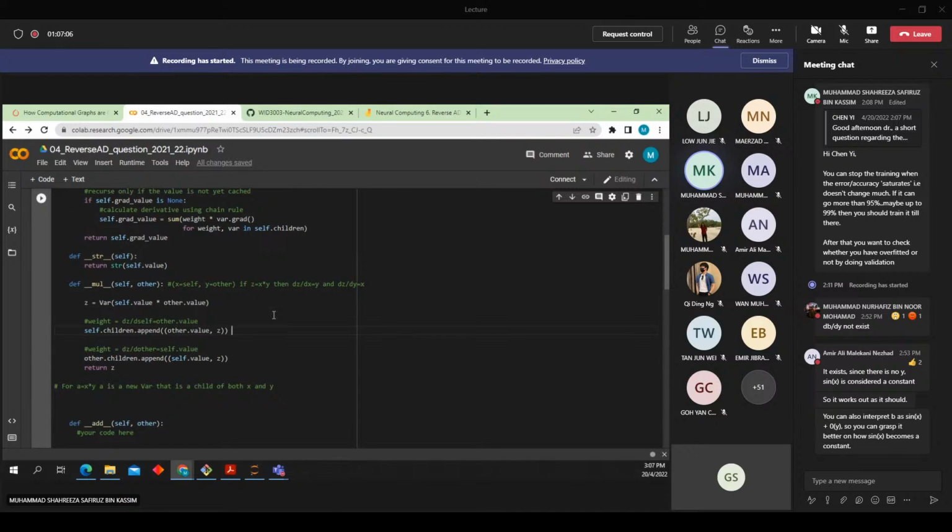What happens here is it is appended with y and z values, which is calculated over here. This is just z equals, that's all, right? Where x is self, y is other.